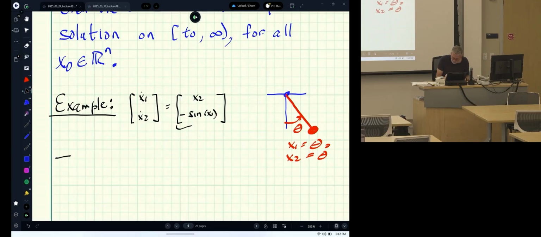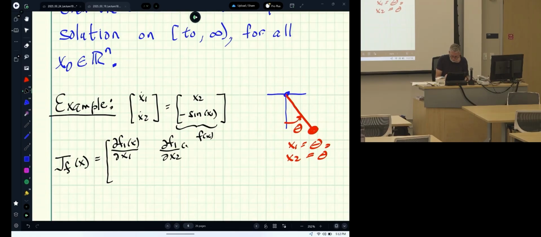So this is f of x. What does the Jacobian look like? It's df1 dx1, df1 dx2, df2 dx1, df2 dx2.